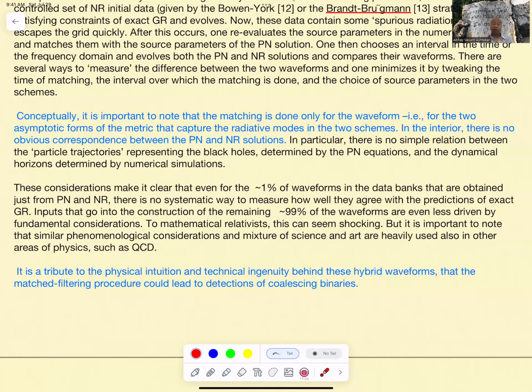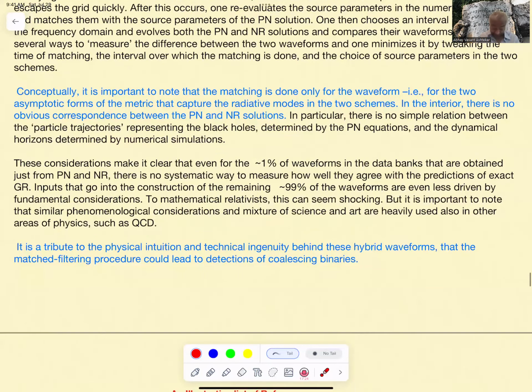There are phenomenological models, there are approximation methods, and not everything is derived from first principles. And this is what happens when you try to match fundamental theory with actual observations. And to me, it is a tribute to the physical intuition and the technical ingenuity behind the hybrid waveforms that the matched filtering procedure could lead to detection of binary coalescences.